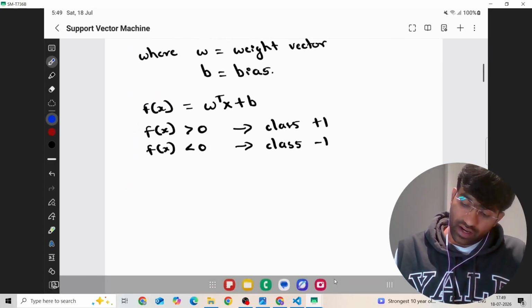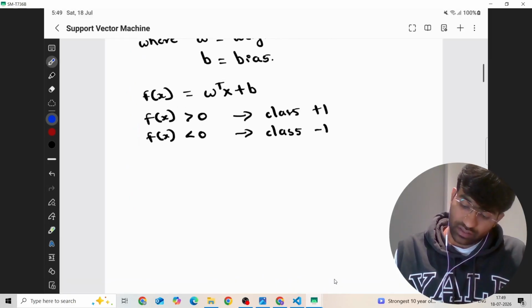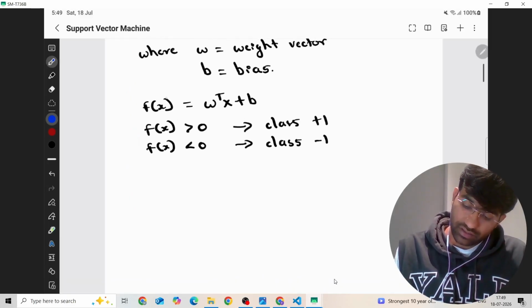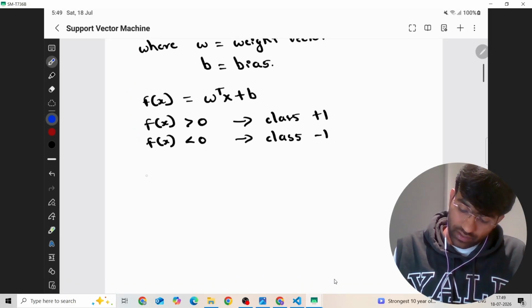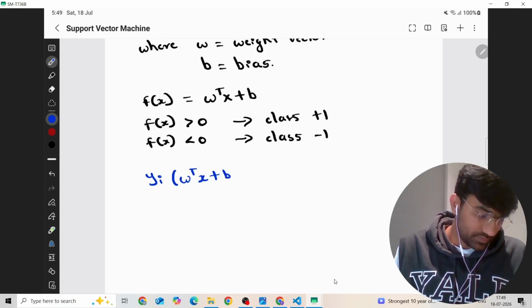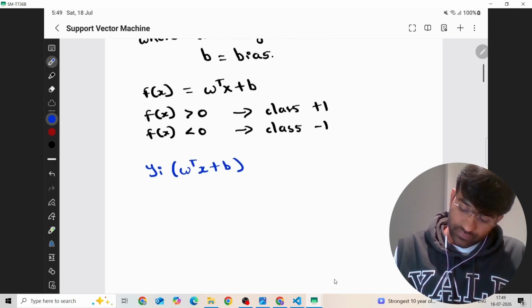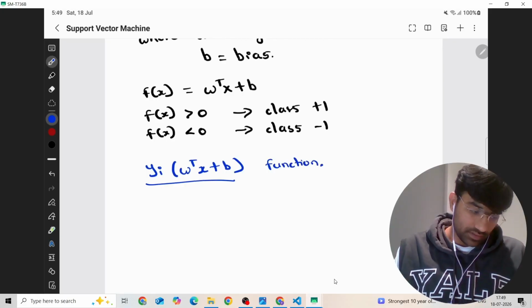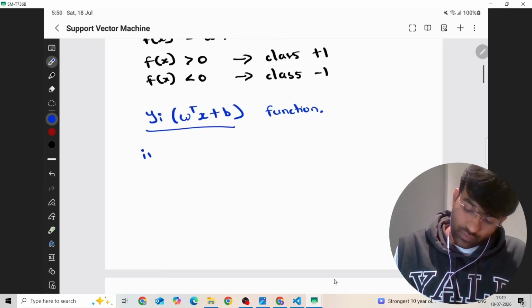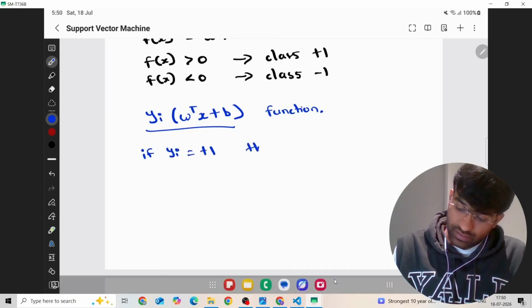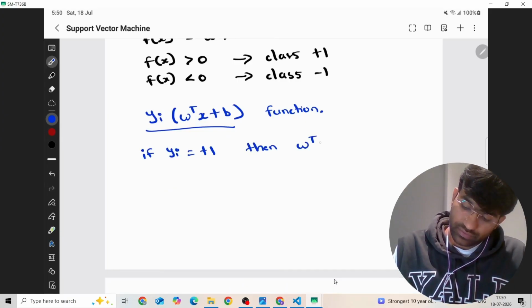And if I apply the class, how will it look? If I write it together with y, I will call it yi of W transpose X plus B. This is the function. If yi is equal to +1, then W transpose X plus B is greater than 0.